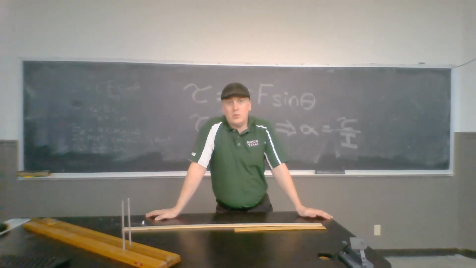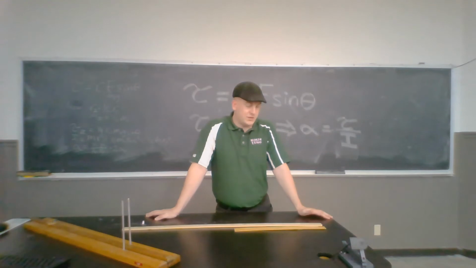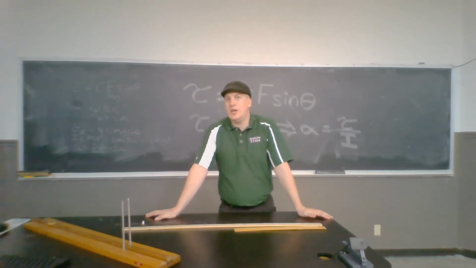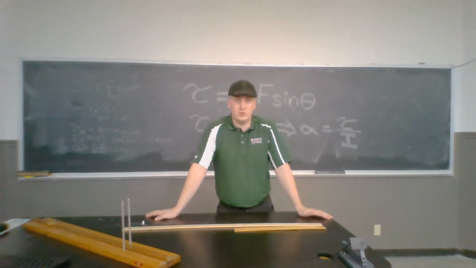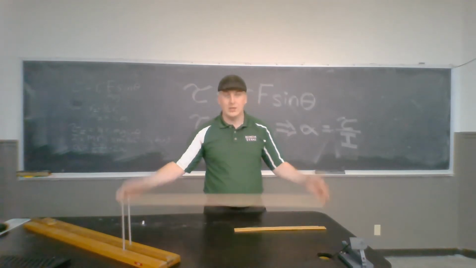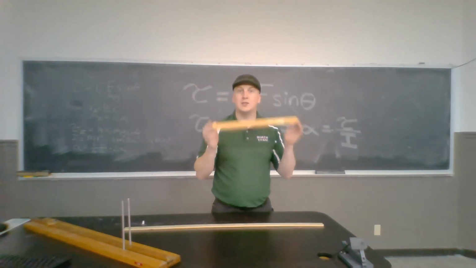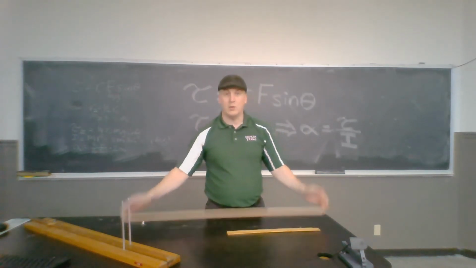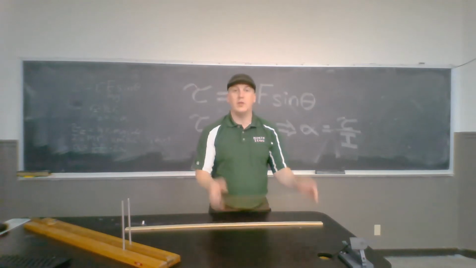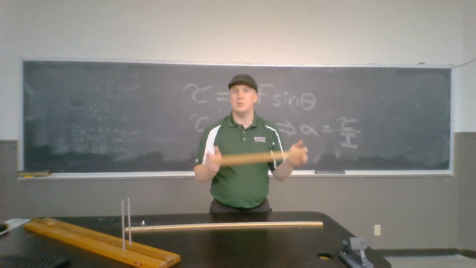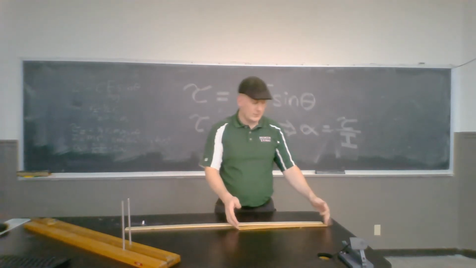I will show later on the actual calculation of what the change in acceleration would be between these two objects if we did have a perfect difference: this was 1 meter, and this was exactly half the mass and half the length. So this would be 1/2 of the mass of our 1 meter ruler with a total length of 50 centimeters instead of 100.